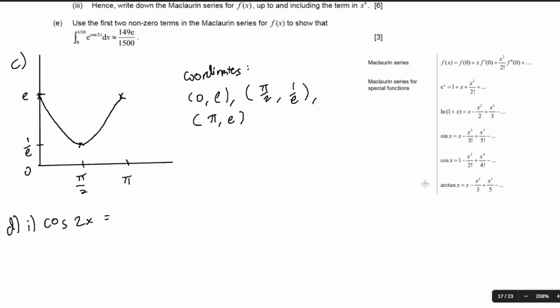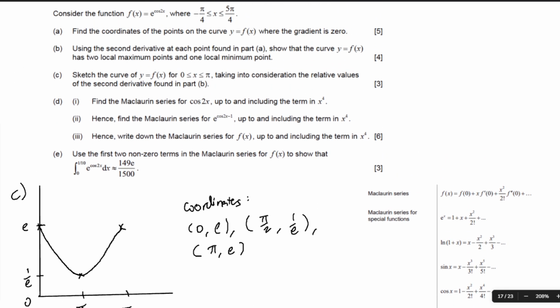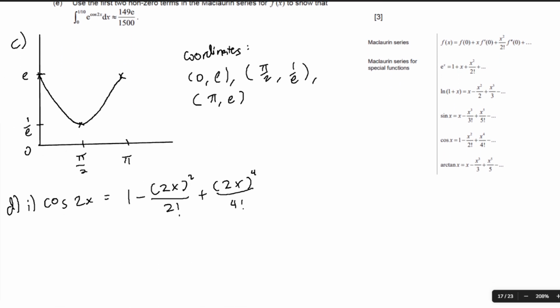So we substitute our 2x into the places where x are, okay? So it would be 1 minus 2x squared over 2 factorial plus 2x power 4 over 4 factorial. Keep in mind this is until the term x power 4, which is why we're stopping at that point.